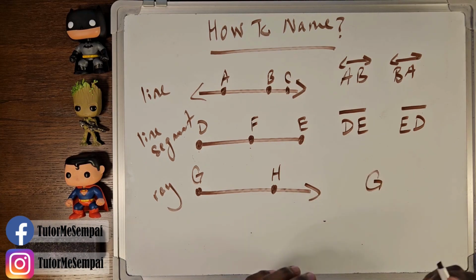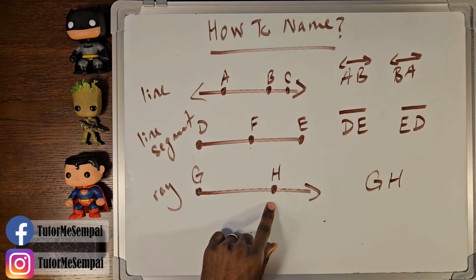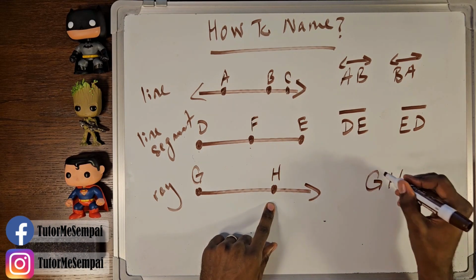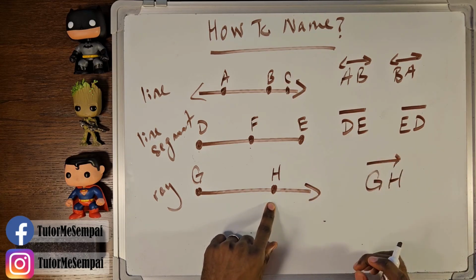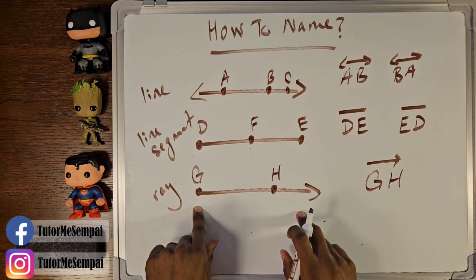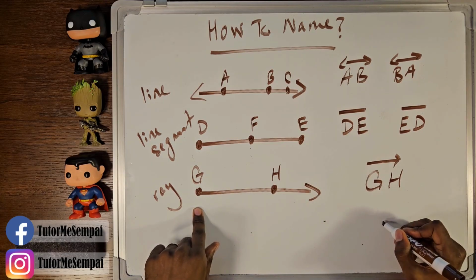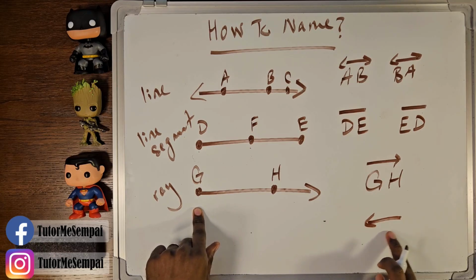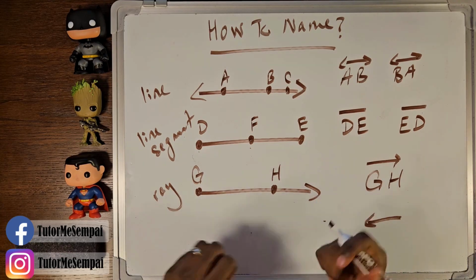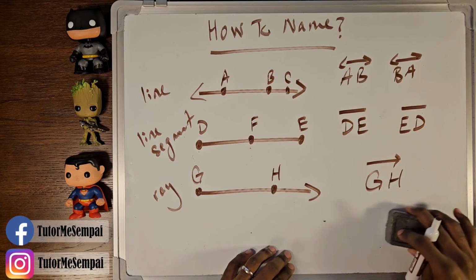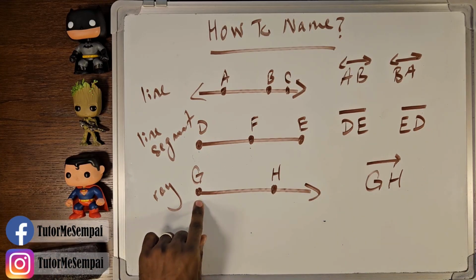Instead of having both, you're only going to have GH here, and you are going to have that arrow on top. It still looks like this. However, you're not going to be able to reverse it, and you're never going to write it with the arrow going the opposite way. Your arrow should always point to the right, and you're always going to start with the letter that starts your ray.